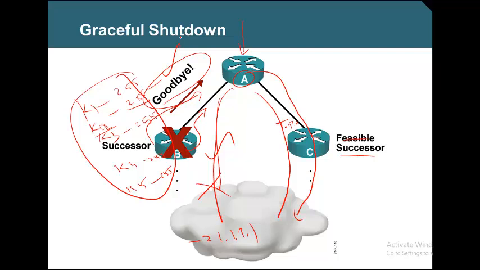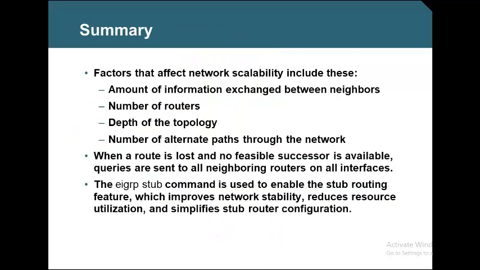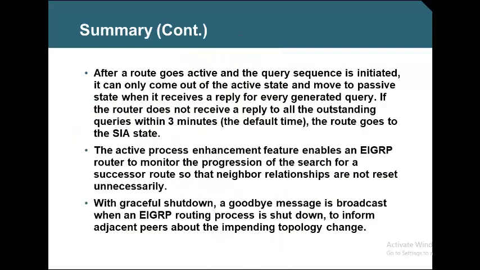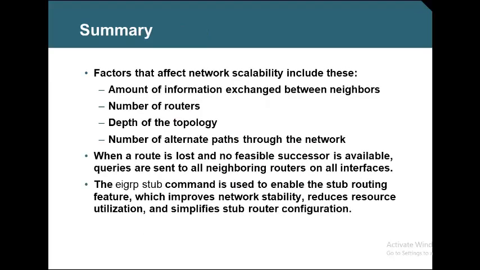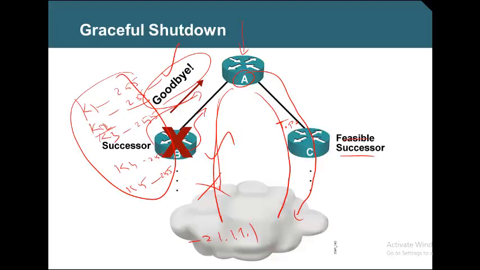This packet makes A find an alternate path. And you don't need to do anything for this. This is enabled by default. So this is the whole story about EIGRP, but we have a few more stories about the newer version of EIGRP, which is not in this presentation. Let us now do this lab, and then we'll also check this goodbye message.